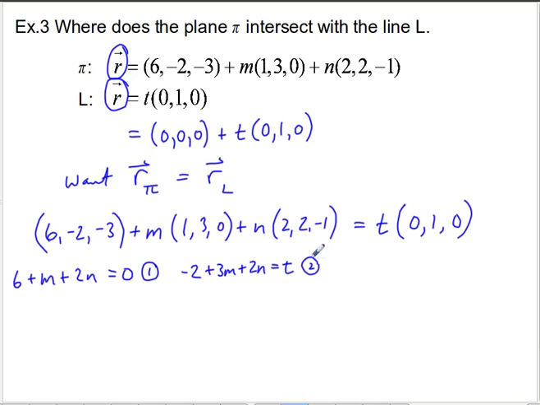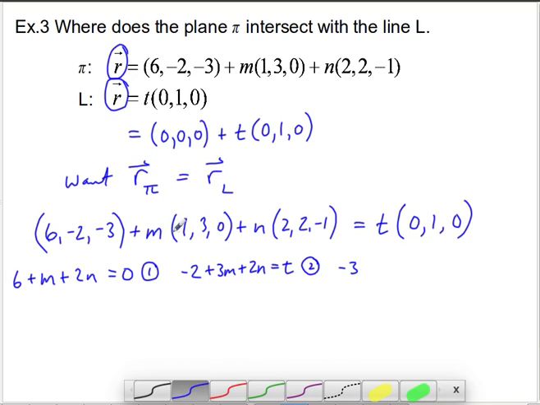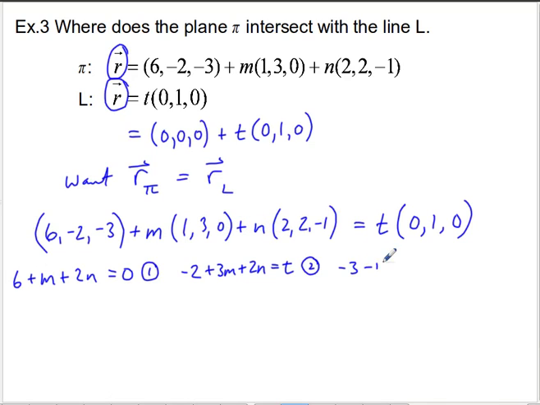And that's equation number 2. And then the z component, -3 plus 0m, and that's just 0, minus 1n is equal to 0t, so that's just equal to 0.